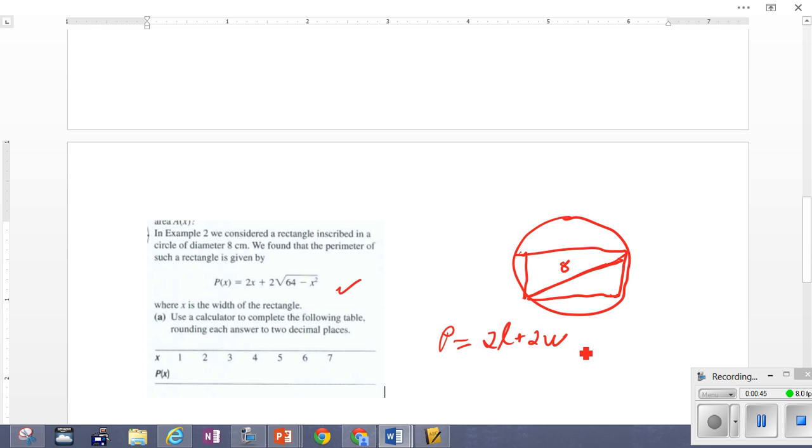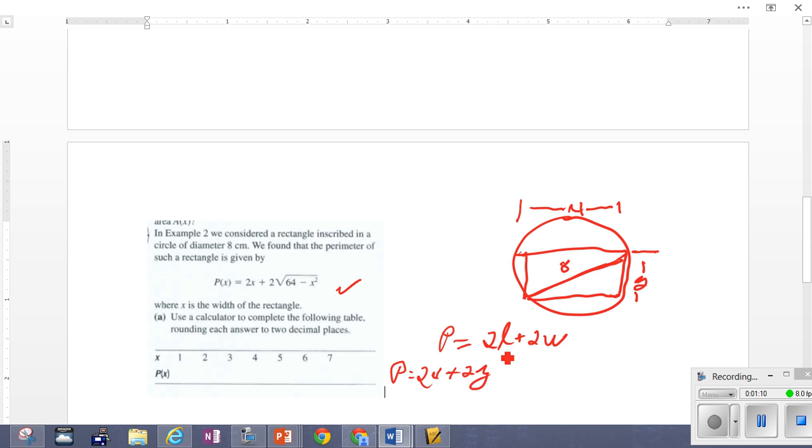Now, in this reference, it might be beneficial to just call them x and y. So we'll designate this as x and this as y. So, of course, that takes us down to the perimeter equals 2x plus 2y, which really isn't any different.